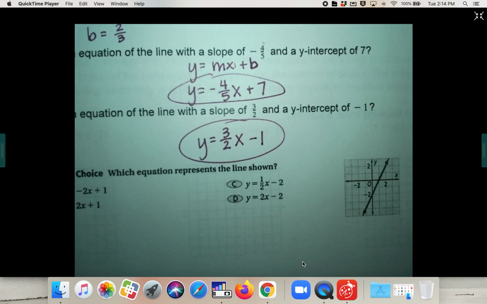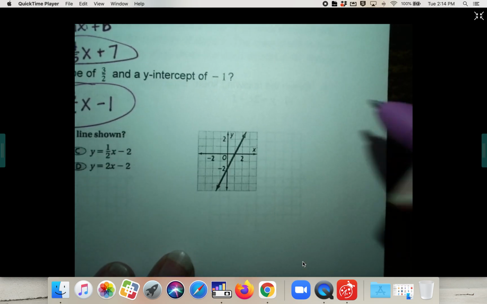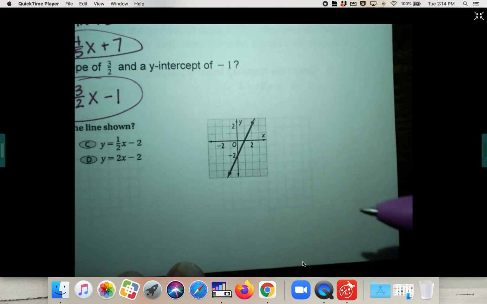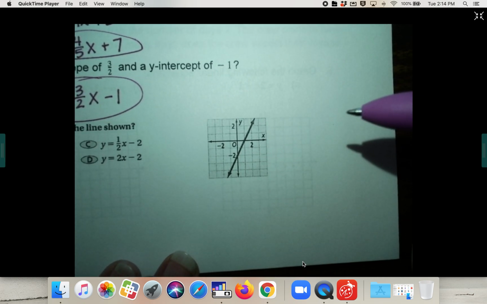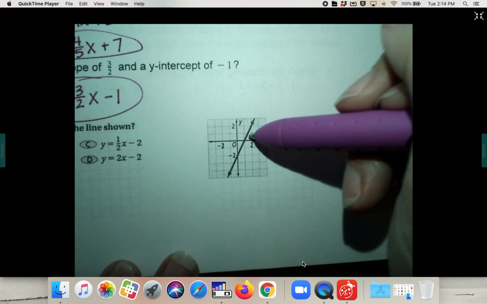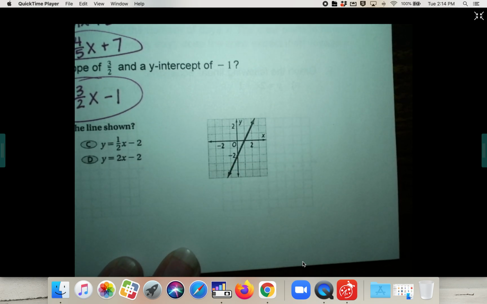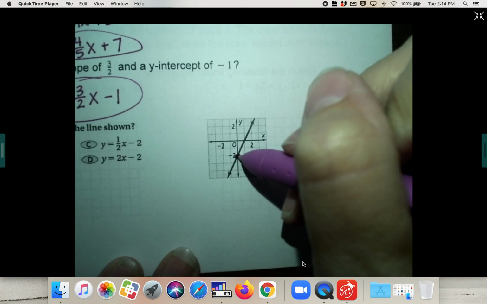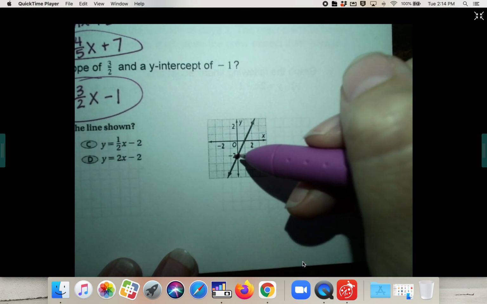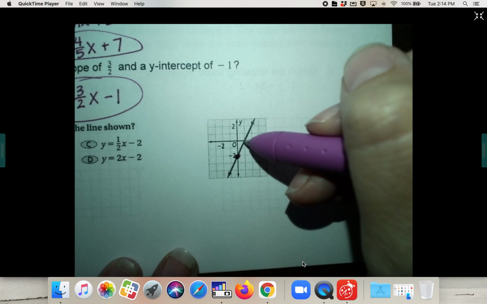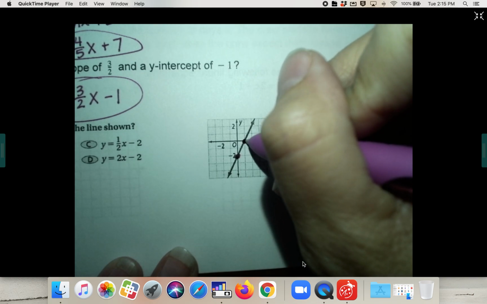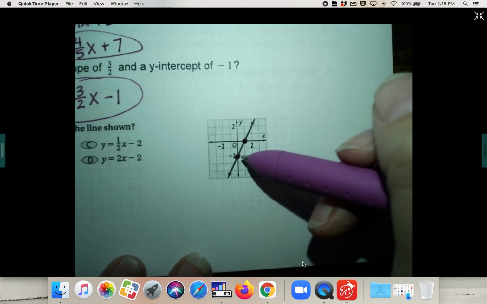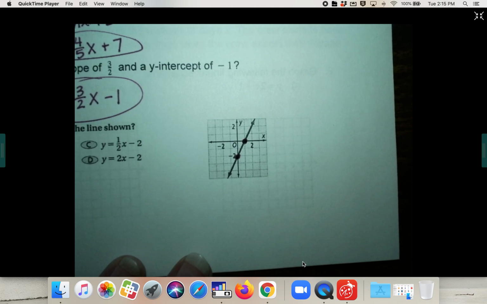All right, let's check on number 5 to see if you would be able to tell me the equation for this. It doesn't have dots, so you're going to have to actually pick a couple. So I see one here that would be a dot, and then it also looks like it crosses exactly in the corners here. So from here to here, you're going to count slope.